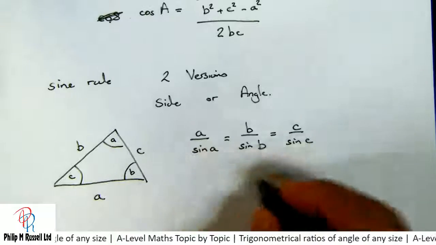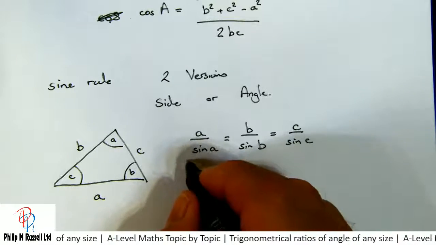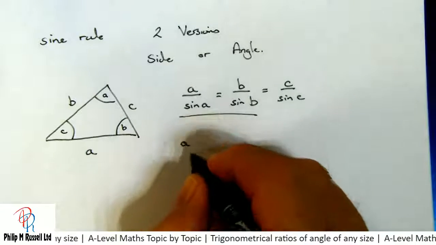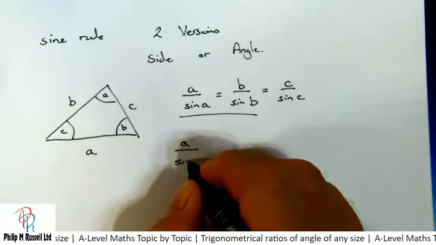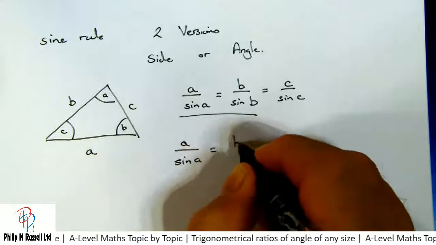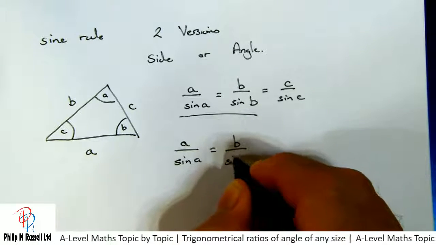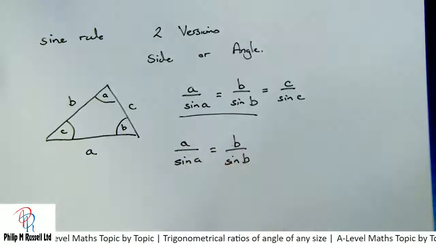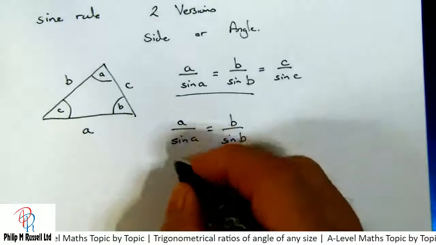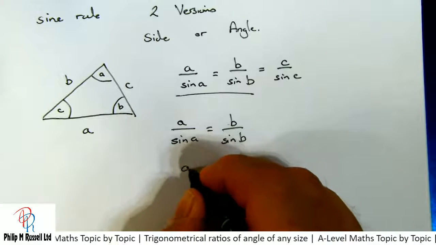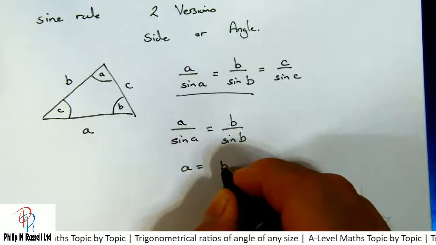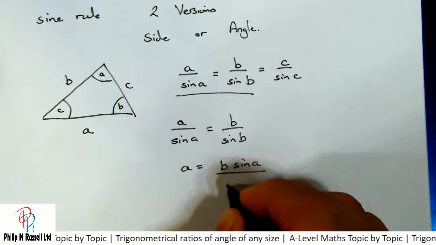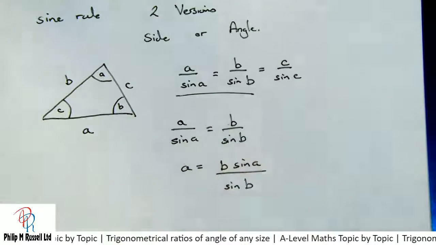So if I take just the first part of this, we've got A over sine A equals B over sine B, and if I want to find side A, then side A is going to equal B times the sine of A over the sine of B.